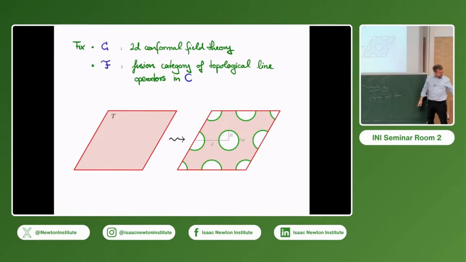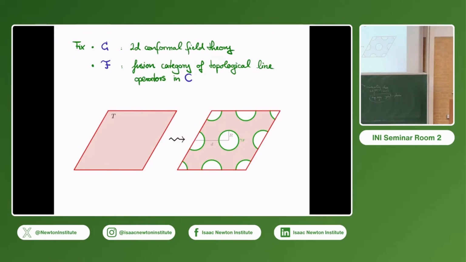So we will take our input, which is a two-dimensional conformal field theory, where at some places I will make some implicit assumptions on the theory, and they are all covered if I ask the theory to be unitary and compact, in the sense that it has a discrete spectrum.